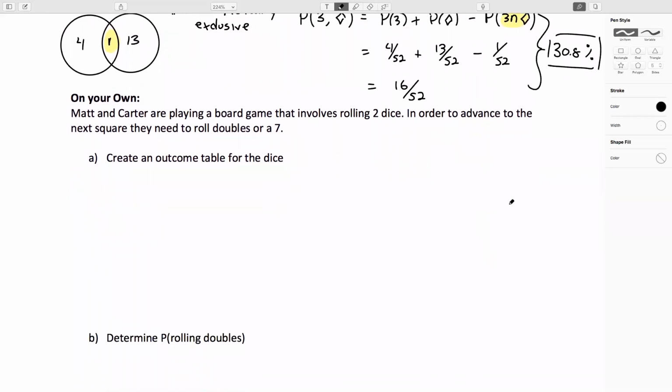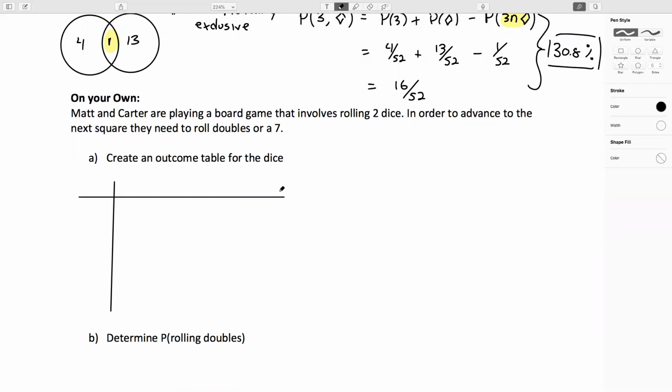All right, so let's take a little bit of a different approach here. Matt and Carter are playing a board game that involves rolling 2 dice. In order to advance to the next square, they need to roll doubles or a 7. So we're going to make an outcome table, and we're going to see how many outcomes actually fit this criteria. The outcome table is kind of like a multiplication table, except you're multiplying by dice instead of by numbers.